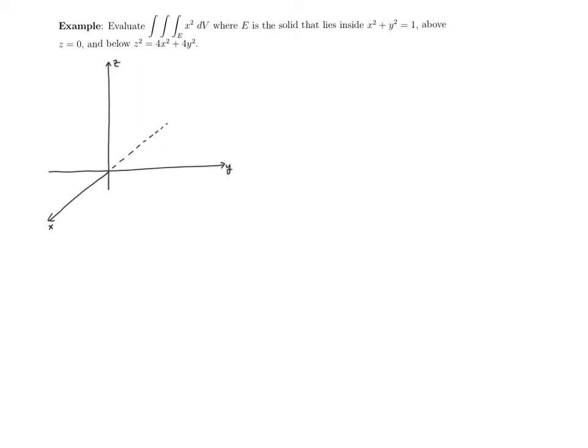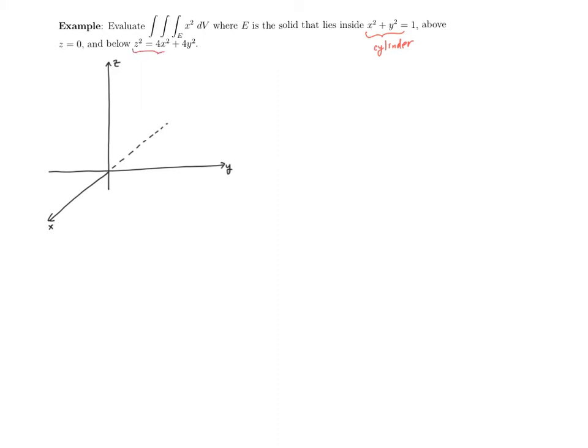We are above the z equals 0 plane, so sitting above the xy coordinate plane. We are below z squared equals 4x squared plus 4y squared, and inside this cylinder, x squared plus y squared equals 1. So it's important to be able to quickly and efficiently identify the surfaces that bound our solid of integration.